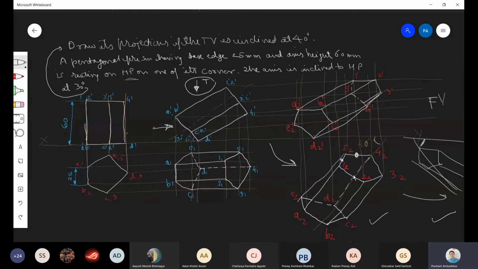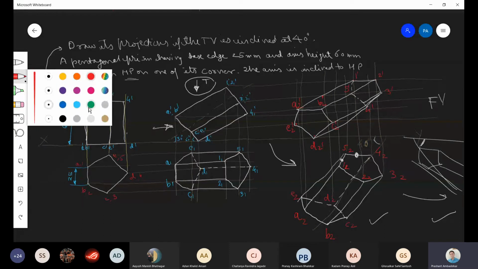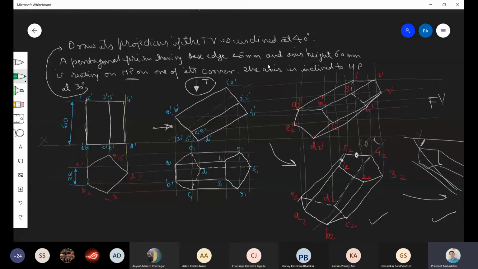Okay, what is the angle? What angle this edge is making with the XY line? Can anyone tell me what is this angle? I'm talking about this angle. I will use a different color pen to show you the angle. See, tell me what is this angle? ये एंगल कितना है बता सकता है कोई?